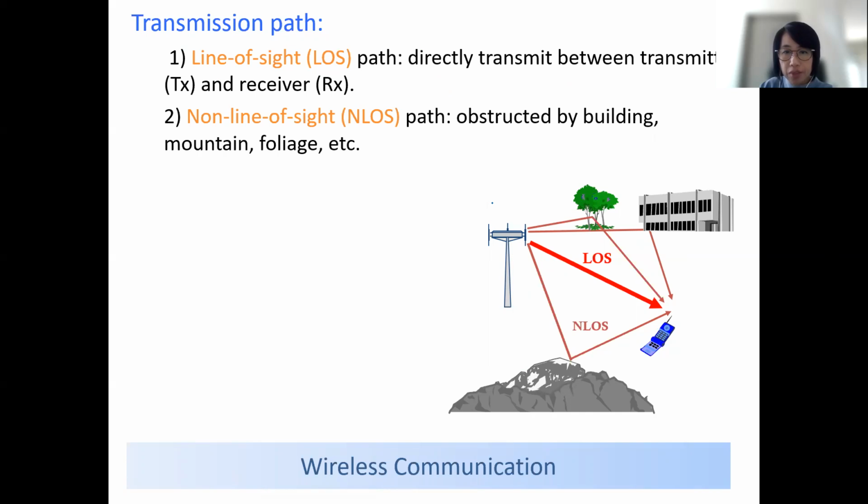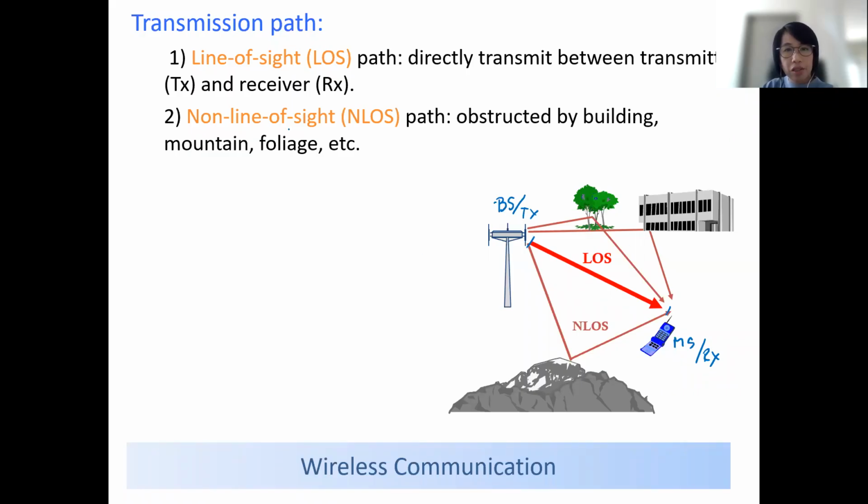So if the base station is the transmitter and a mobile phone is the receiver, then line of sight means it is transmitted directly without obstacles in between. So you can observe here that this is the shortest path compared to the others.